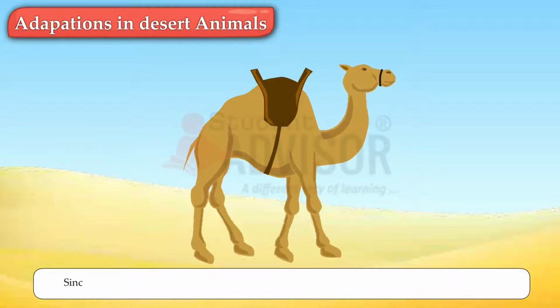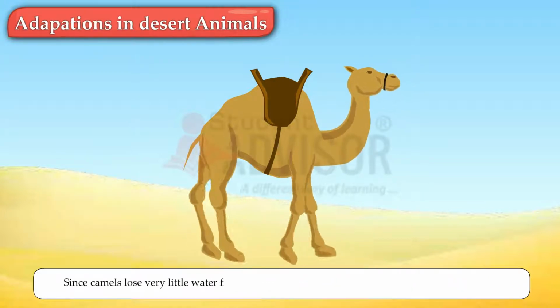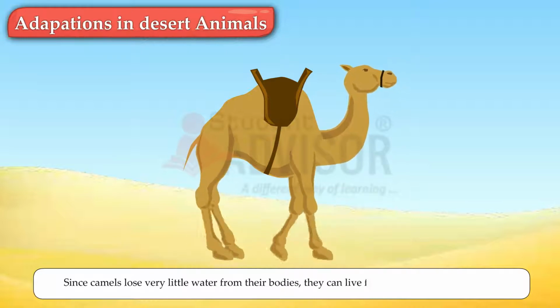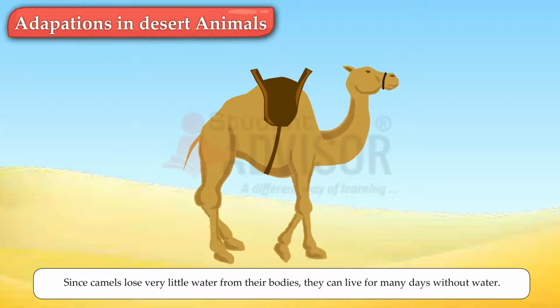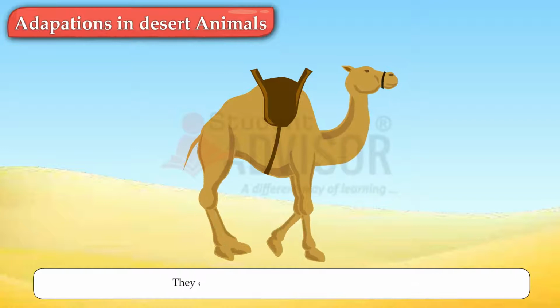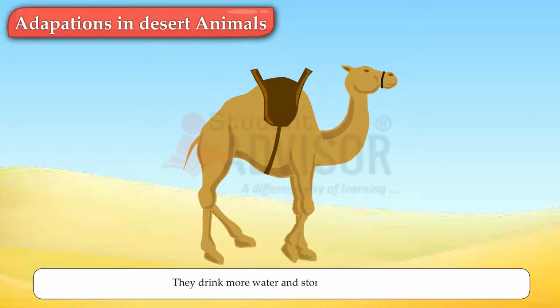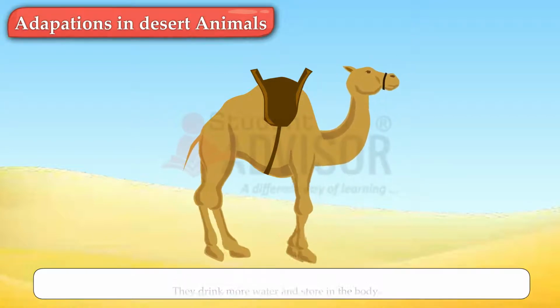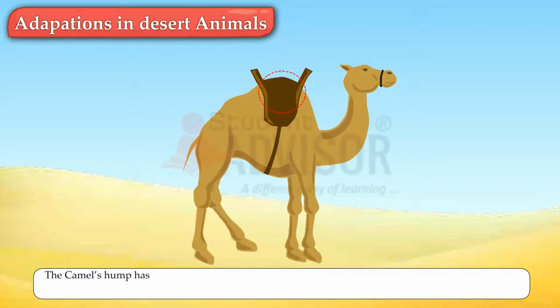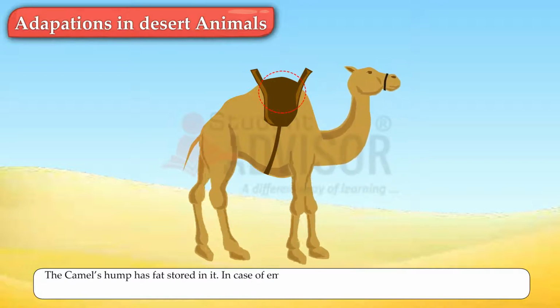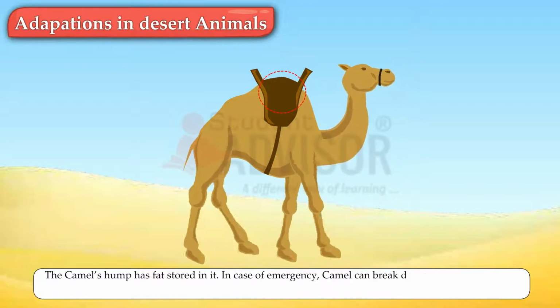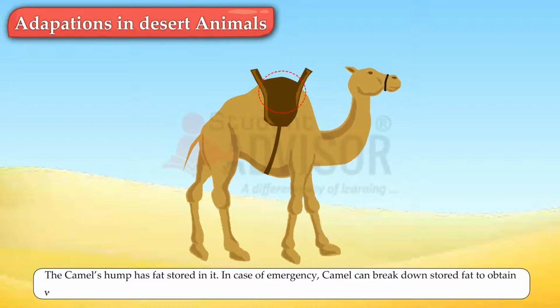Since camels lose very little water from their bodies, they can live for many days without water. They drink more water and store it in the body. The camel's hump has fat stored in it. In case of emergency, the camel can break down stored fat to obtain water.